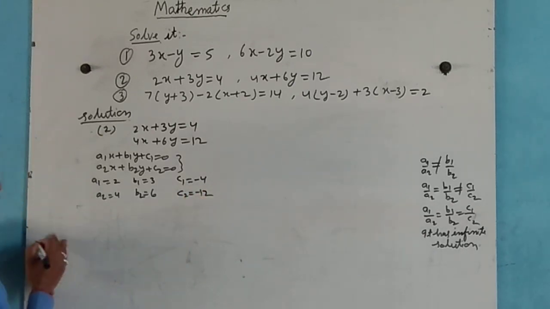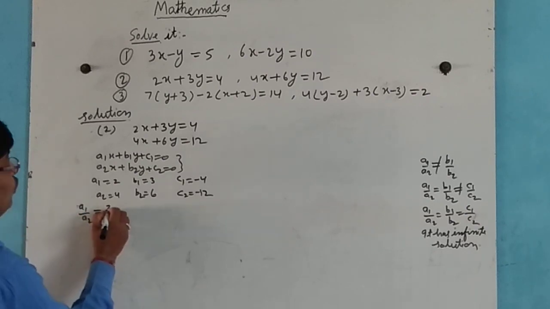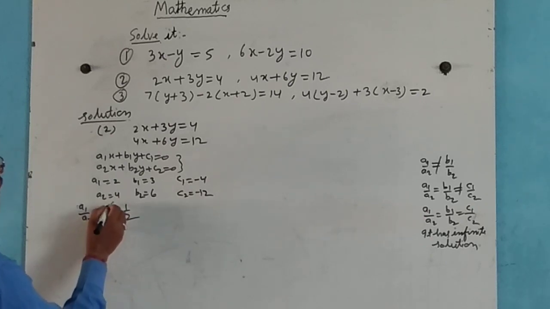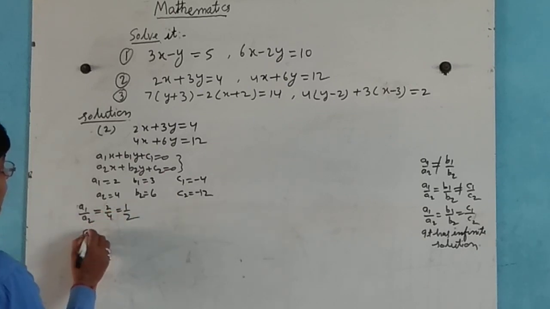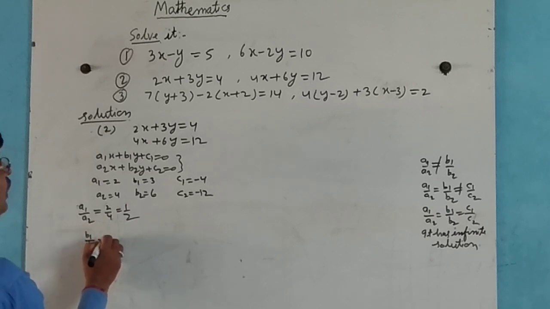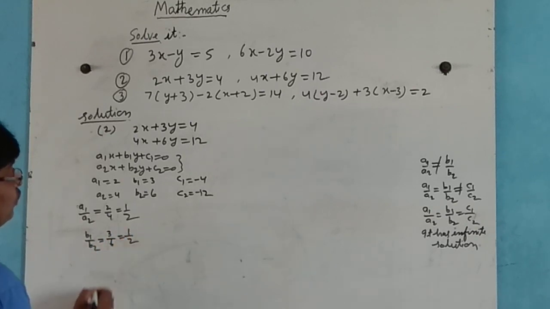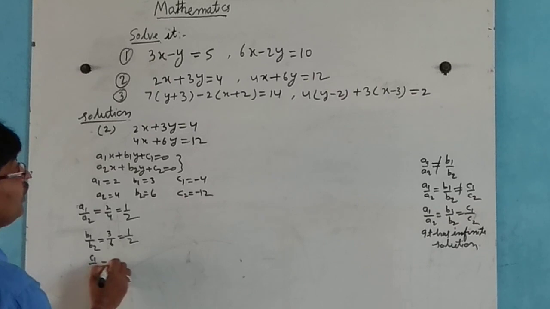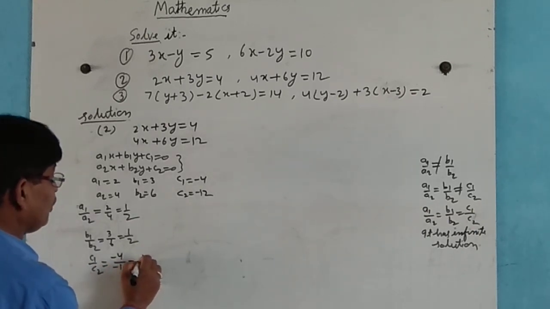Now we get the value of a1 by a2 equal to 2 by 4 equal to 1 by 2. b1 by b2 equal to 3 by 6, that is also equal to 1 by 2. c1 by c2 is equal to minus 4 by minus 12, that is 1 by 3.